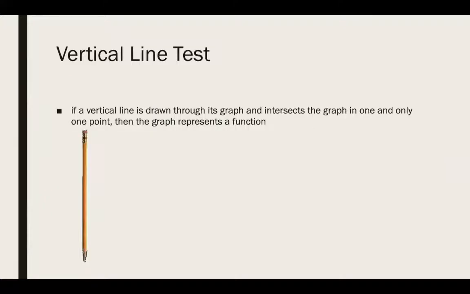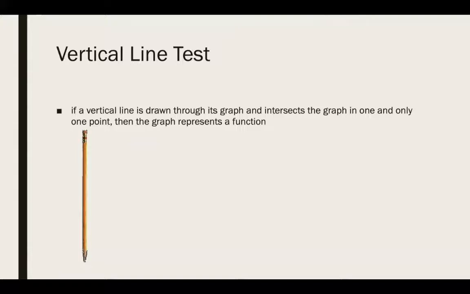Now, when we look at a graph, we can use the vertical line test to determine if a graph is a function or not. If you put a vertical line anywhere on the graph of the function, and it intersects in one and only one point, take note, one and only one point, then that graph represents a function.